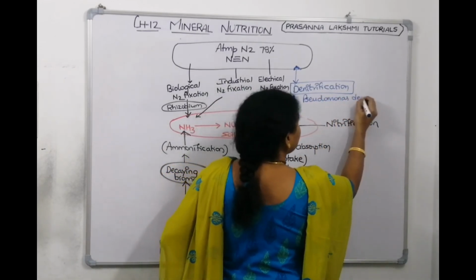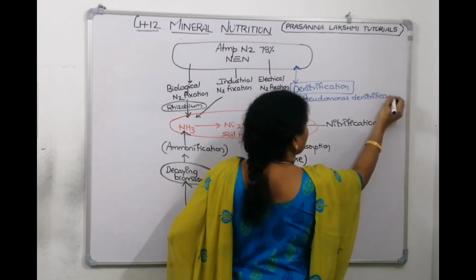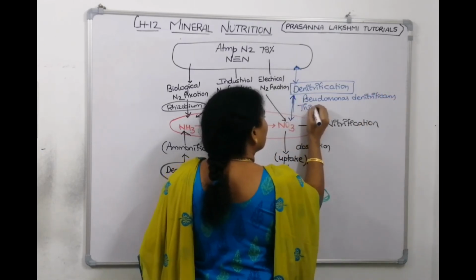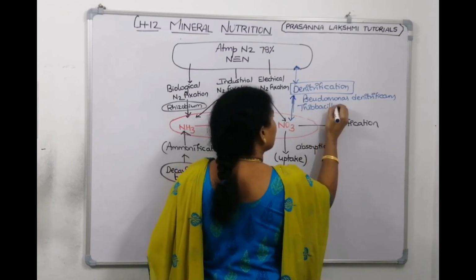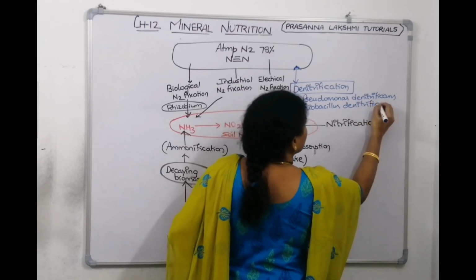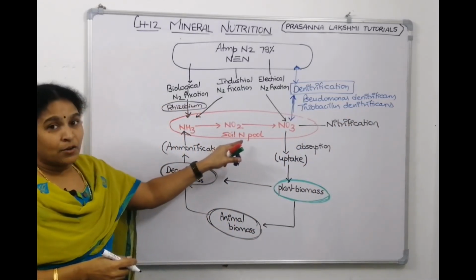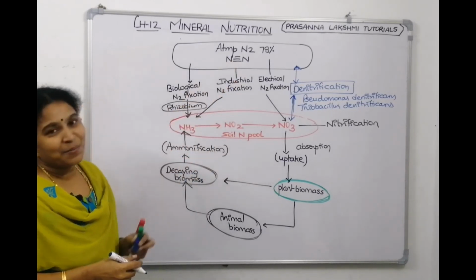Pseudomonas denitrificans and Thiobacillus denitrificans pick the nitrogen from the soil, give it to the atmosphere.